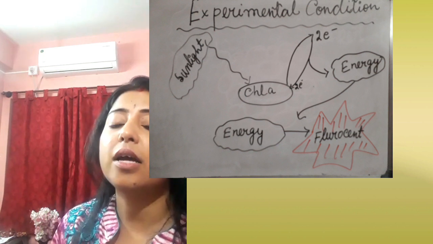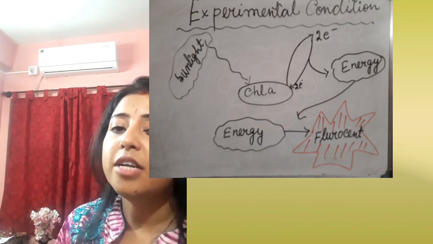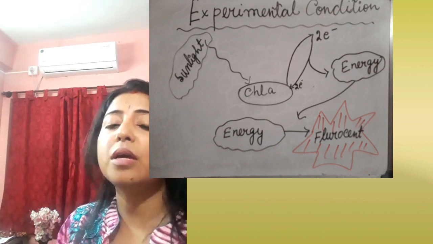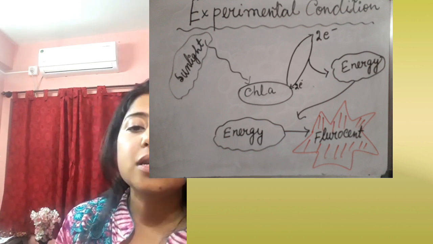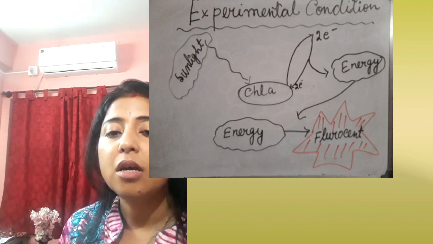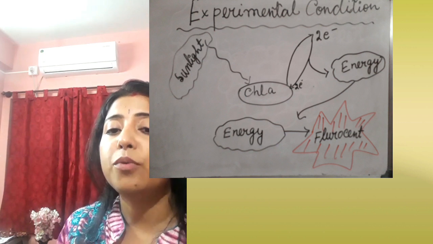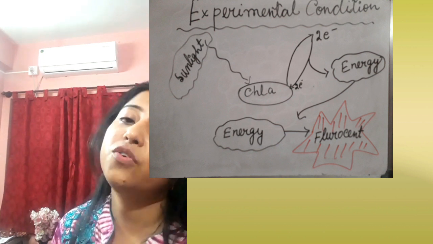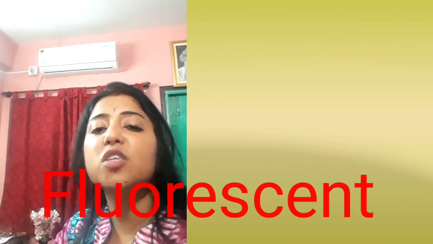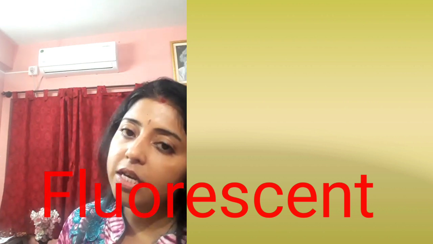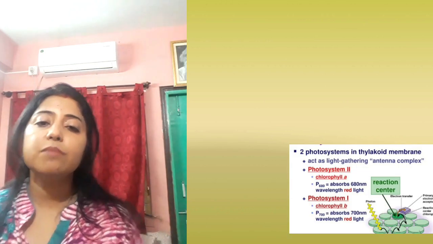These electrons will come back to this reaction center, and while coming back they will release some wavelengths in the form of energy. This energy will produce a color that is known as fluorescence, but it happens in experimental condition. Clear? So now I am discussing what photosystem 1 and photosystem 2 are.